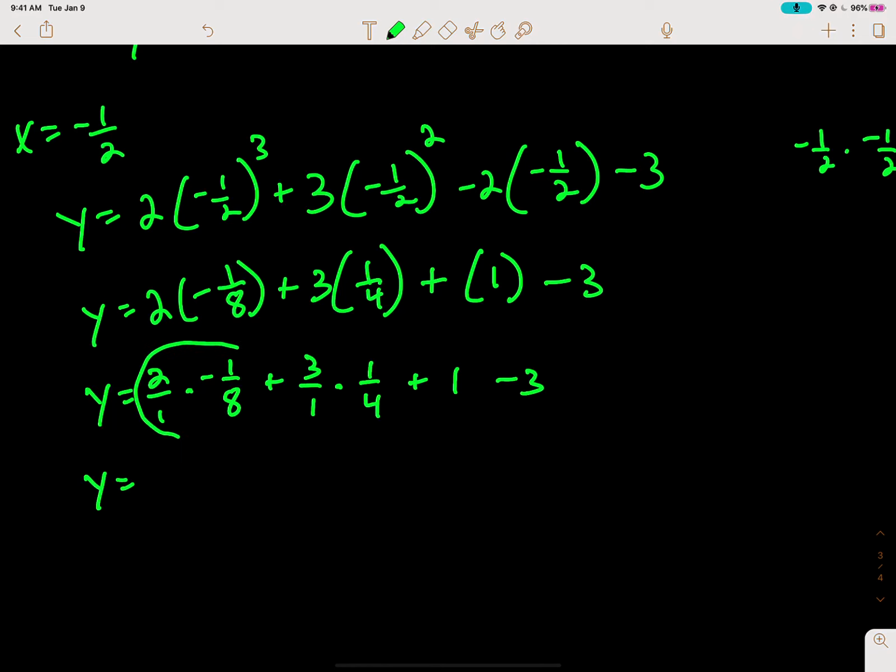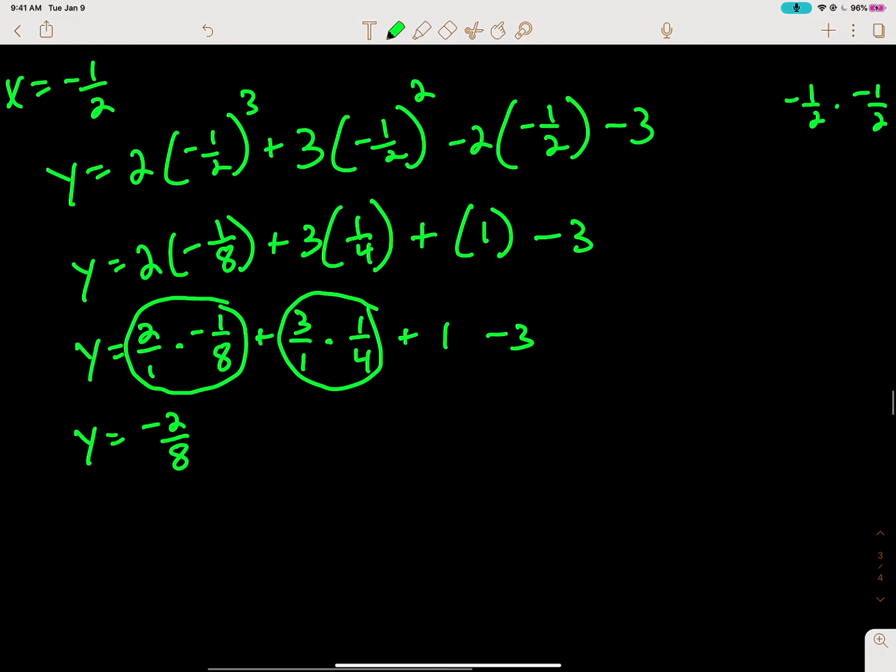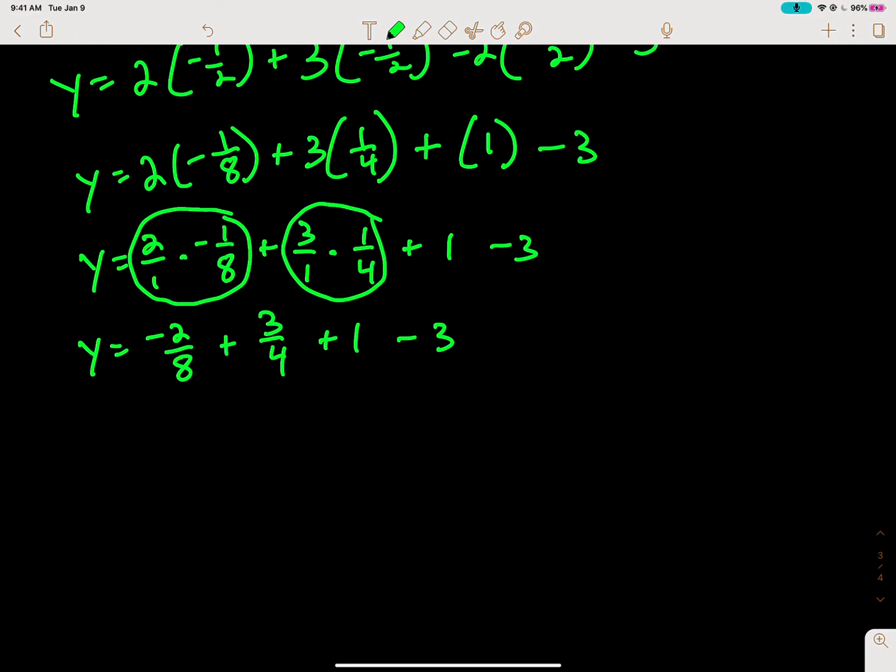So when I multiply these fractions, I get -2 over 8. When I multiply these fractions, I get 3 over 4 plus 1 minus 3. -2 over 8 reduces to -1 over 4.